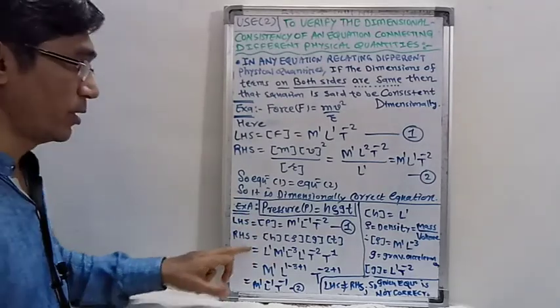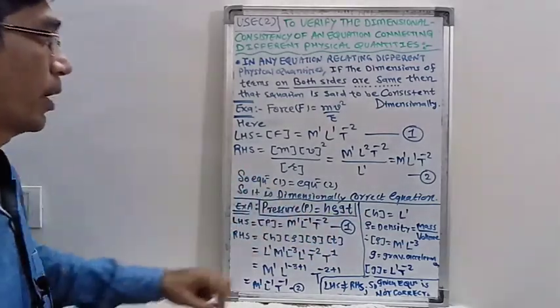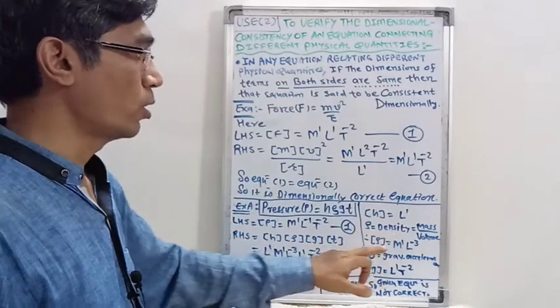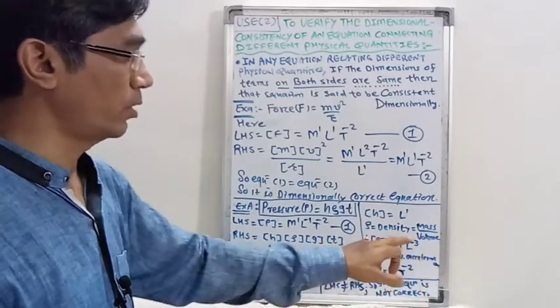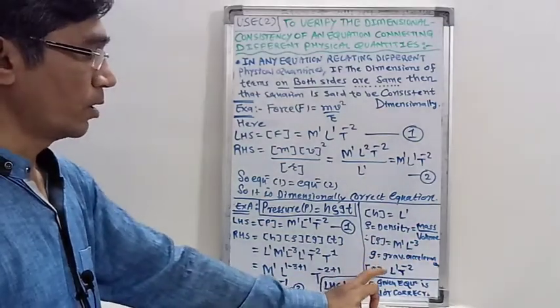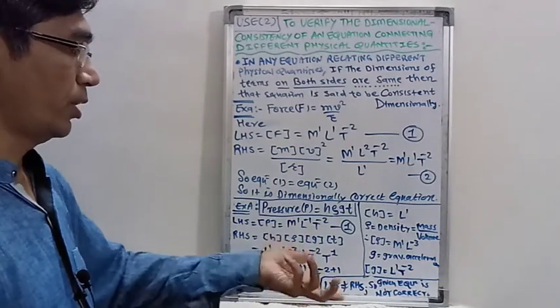For the right hand side, H, rho, g and T have the following dimensional formulas: for H it is L1, for density rho it is M1 L minus 3, since density is mass per volume, for gravitational acceleration g it is L1 T minus 2, and for the time it is T1.